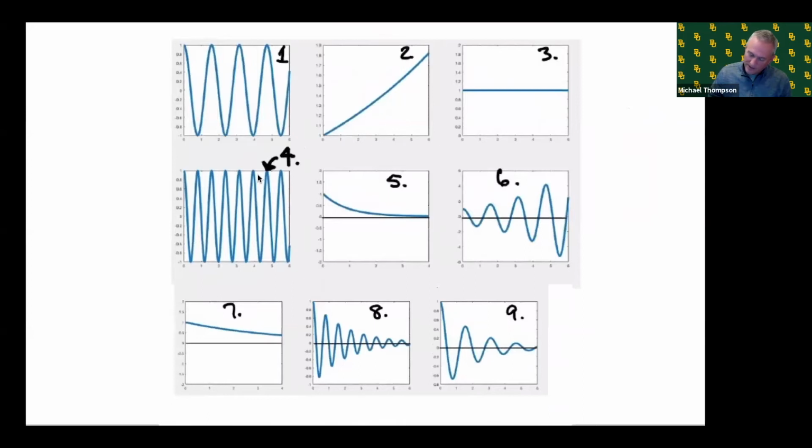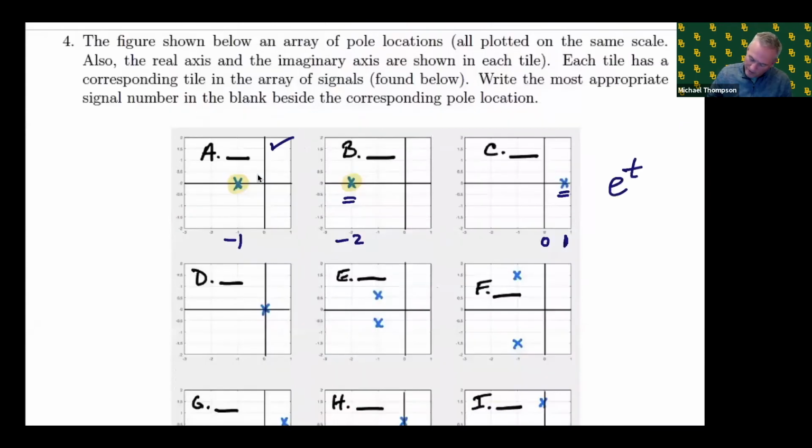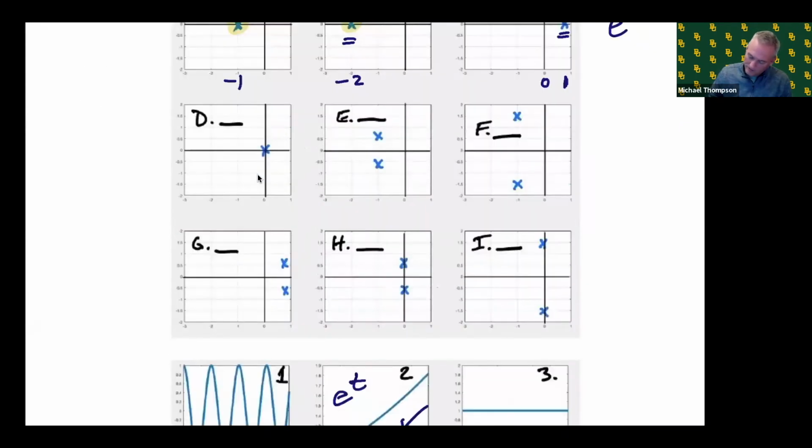I see 2 decaying exponentials, and then one that's zooming up to infinity. So this one matches the e to the t. That would have a 2 here, because this is signal 2.